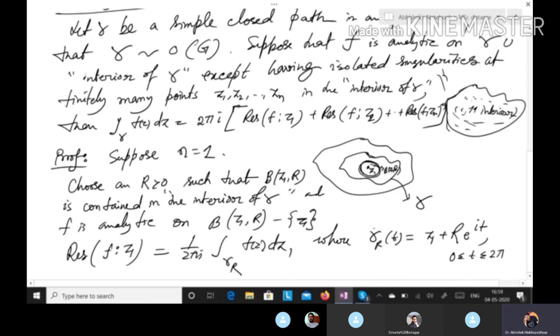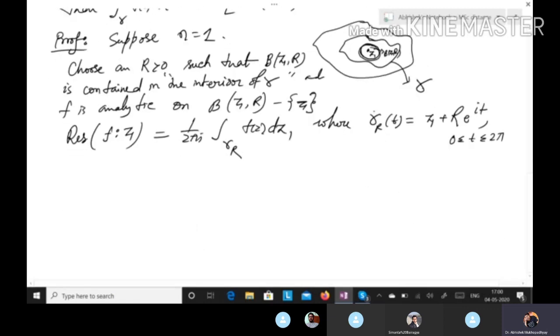And it is known that by a version of Cauchy's fundamental theorem, if it happens that gamma is homotopic to gamma r, then the integration of f(z) dz over gamma will be equal to the integration of f(z) dz over gamma r. So we can recall that these two integrals are the same.